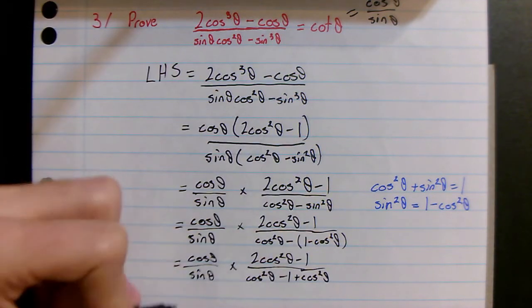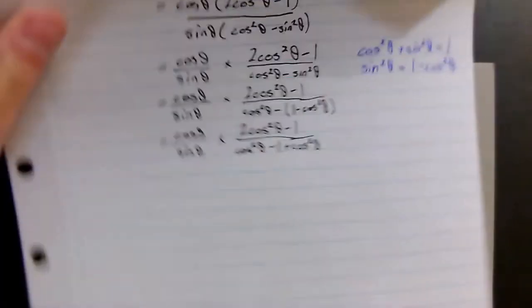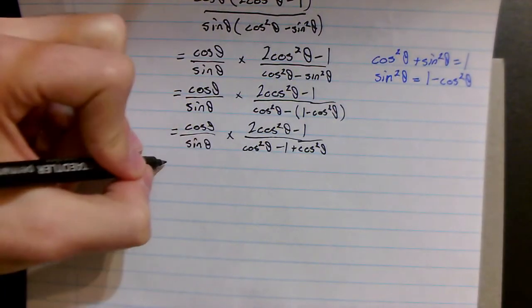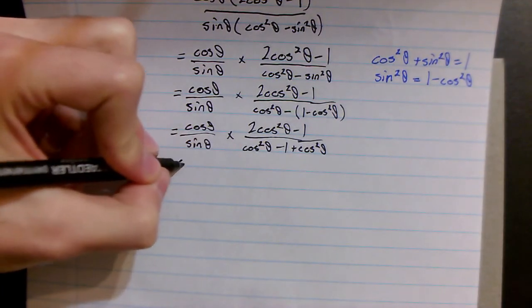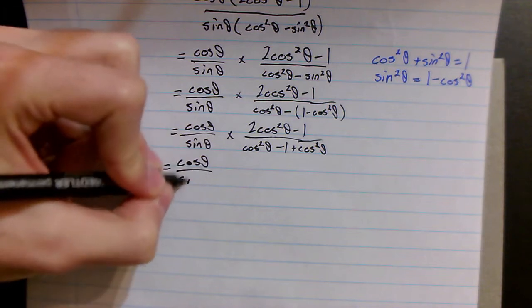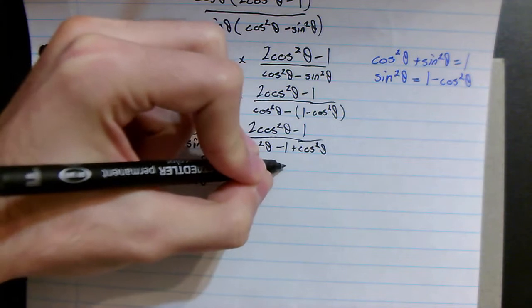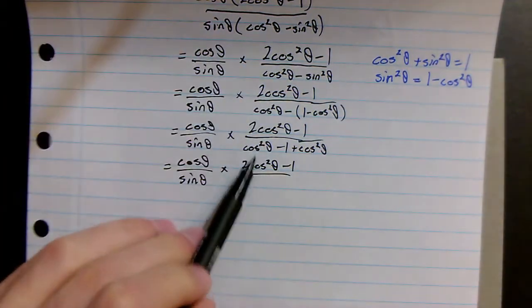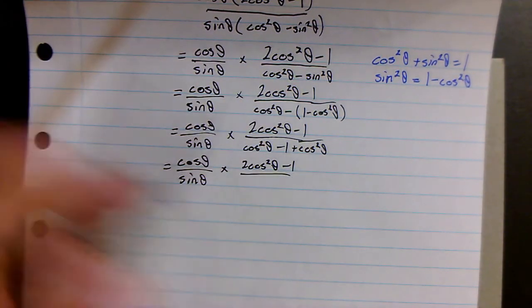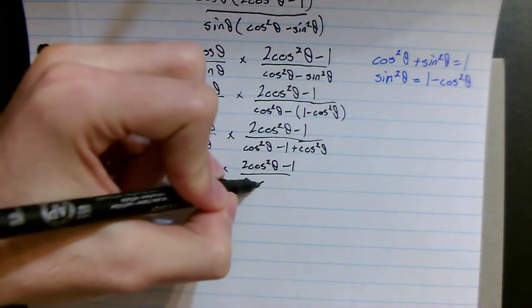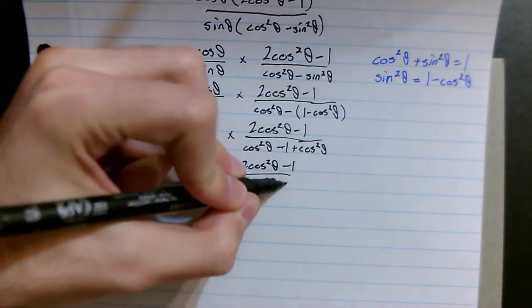And from here, hopefully we should see what's going to happen. It's going to be equal to cos theta over sine theta times 2 cos squared theta minus 1 over, now it's cos squared theta plus cos squared theta, which is 2 cos squared theta, and then we've got this left over minus 1.